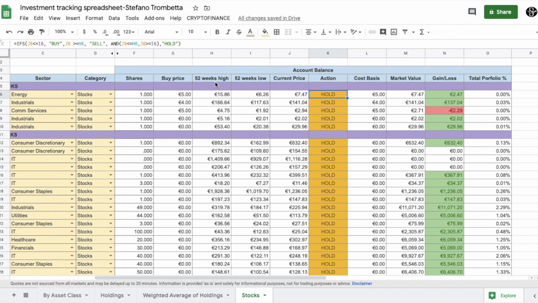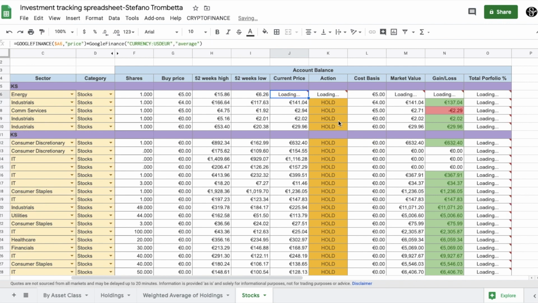You could also change this to the last month or the last week. Let's say if this were 5, then it would be a buy. You may want to buy some more. If this was 20, you would want to sell it.